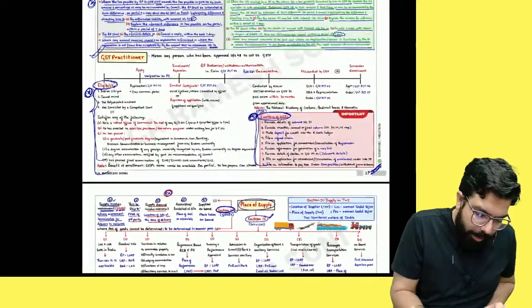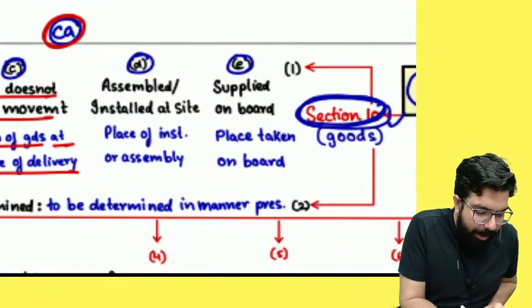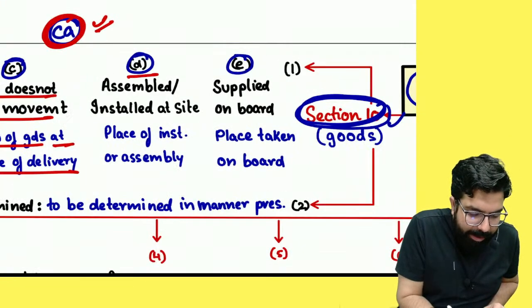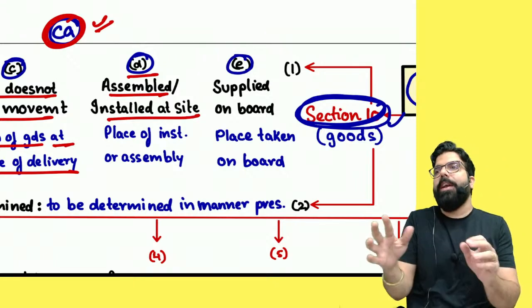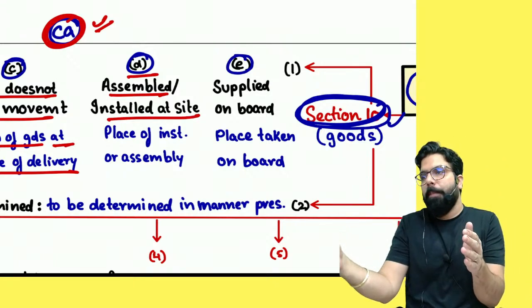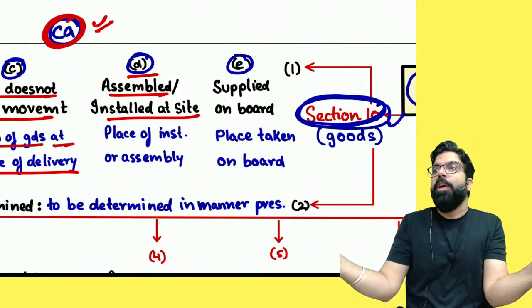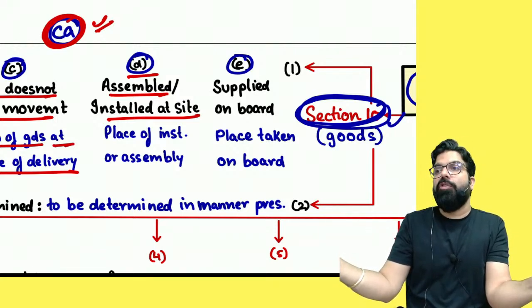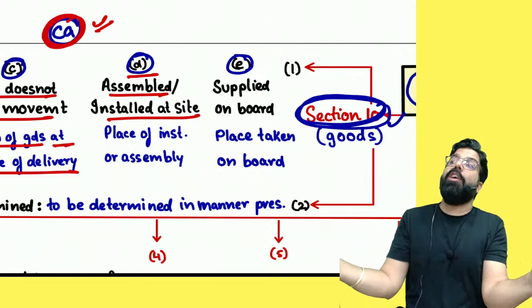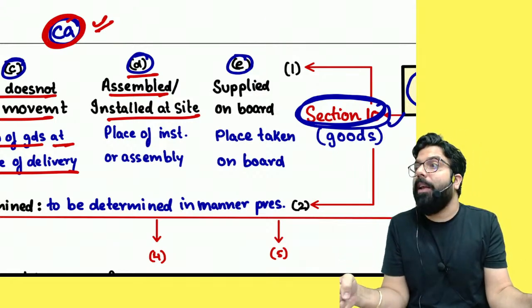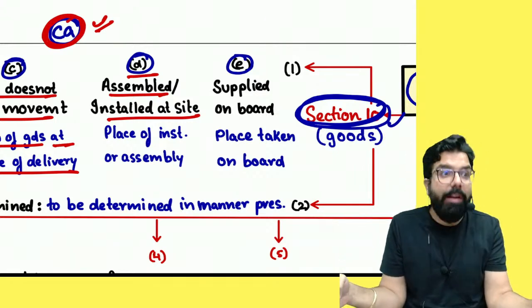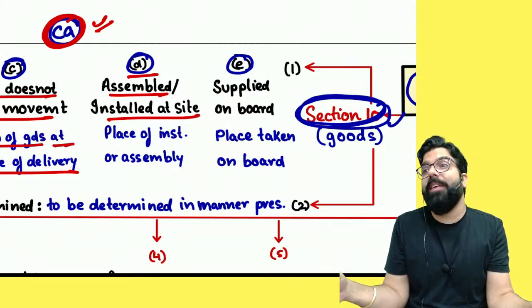Next. The next one over here is, people, 10 CA done. D: assembly or installed at site. You told me, I am in the state of Karnataka, you are also in the state of Karnataka. You told me, I want one AC installed in my unit, in my factory in Chennai. I am in Karnataka, seller. You are also in Karnataka, but you said, I want one AC in Chennai.